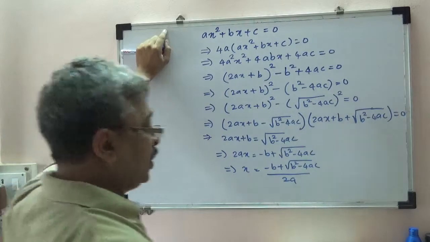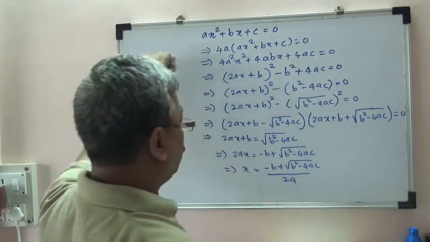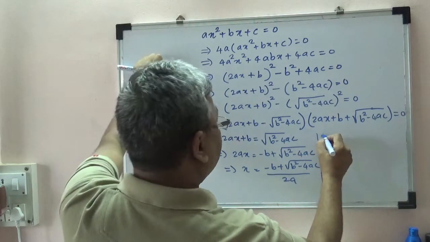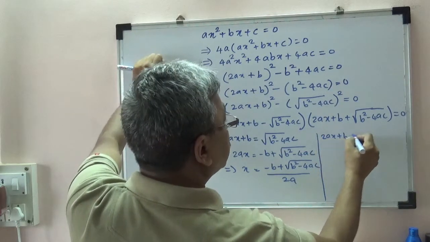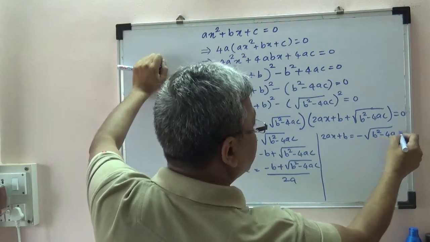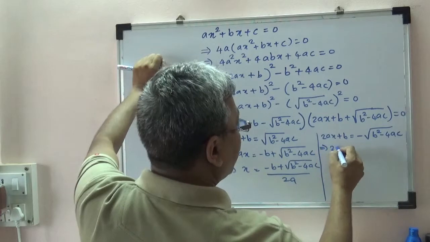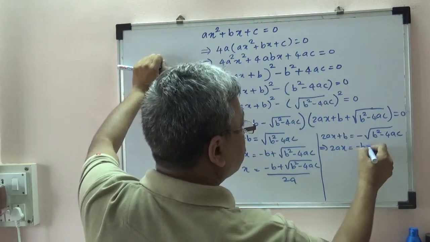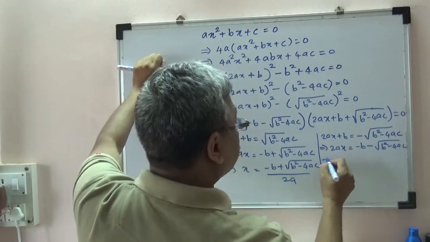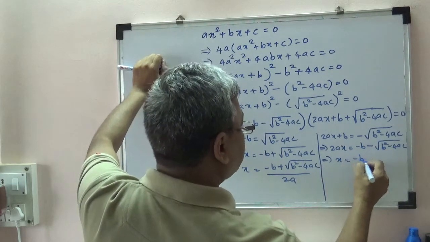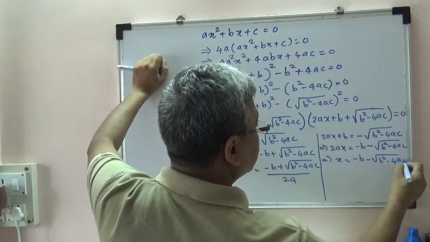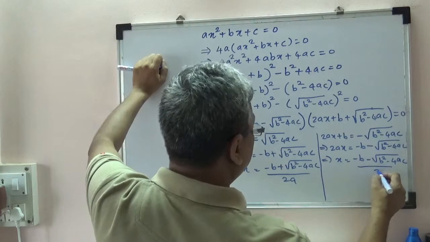Now again, a is not equal to 0, therefore I am authorized to divide by a. And now if I take the second bracket, I get 2ax + b is equal to minus root of b square minus 4ac, which implies 2ax is equal to minus b minus root of b square minus 4ac, which implies x is equal to (minus b minus root of b square minus 4ac) upon 2a.